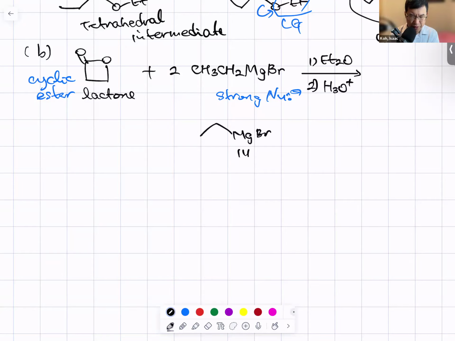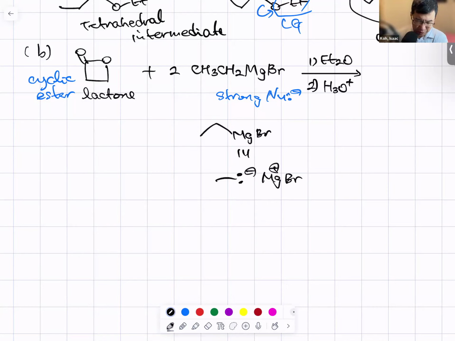Okay, now let's write this ethyl magnesium bromide. We can write it as carbanion and magnesium bromide for our purpose because it has strong ionic bonding characteristic. Even though it is covalent bonding, for our purpose we can write it as a nucleophile.